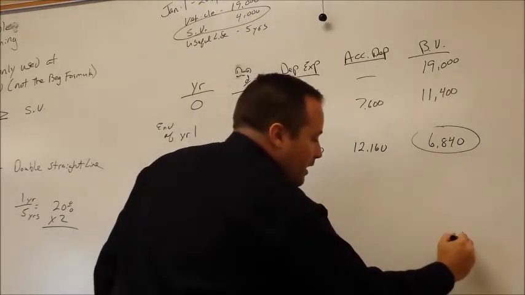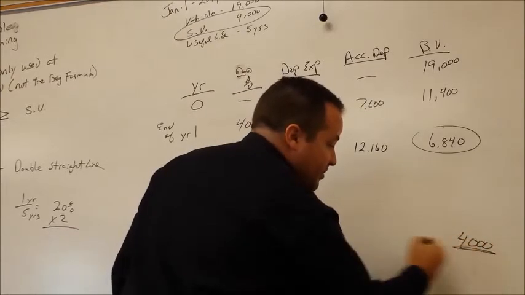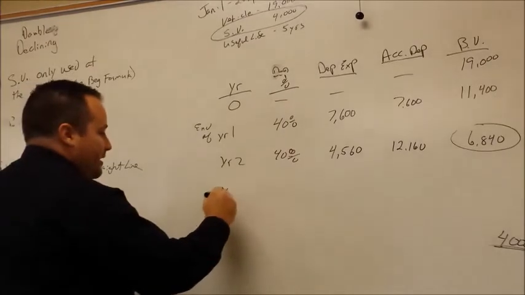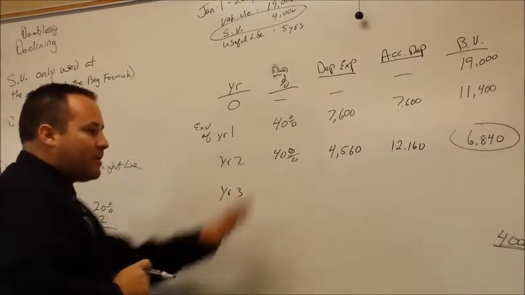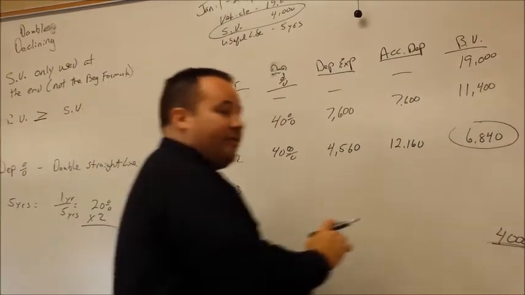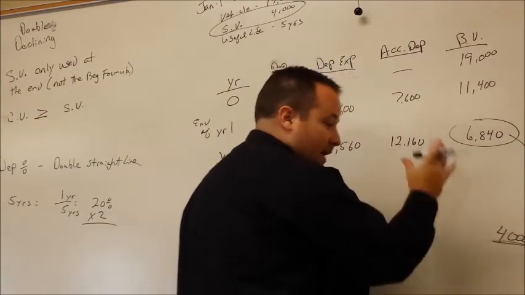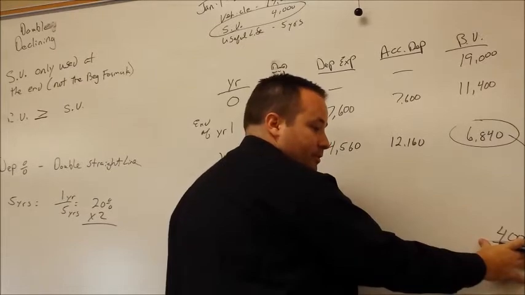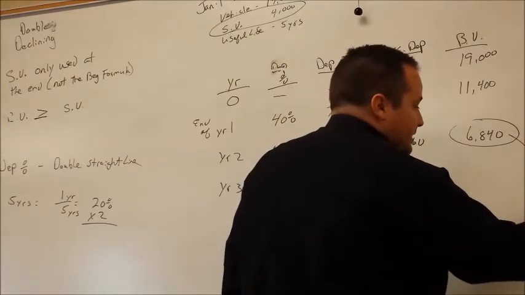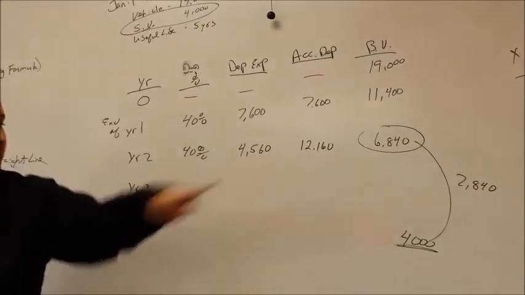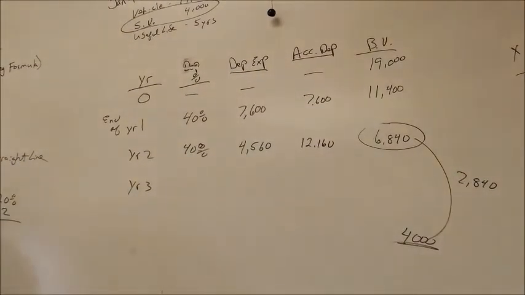My final number, whenever it comes, it has to stop at 4,000. Let's see if I hit that point or not. What we should think about is, how much do I have left before I have to stop for sure? 2,840. Yeah, 2,840. So my next depreciation expense, if it's more than 2,840, I can't do it all.